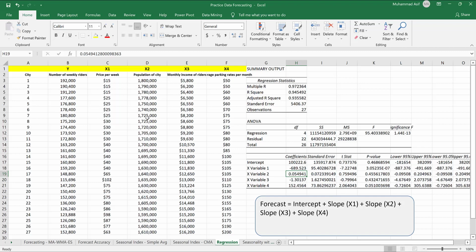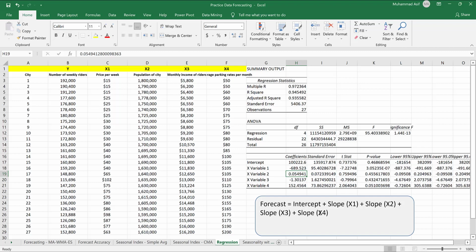And then population of the city. If we want to experiment with a different population, we will put it there, and the slope is already there. And for slope 3, variable 3, that's monthly income. Let's say that monthly income increases to something like 18,000, we will substitute this one with 18,000, and the slope is negative 1.301.